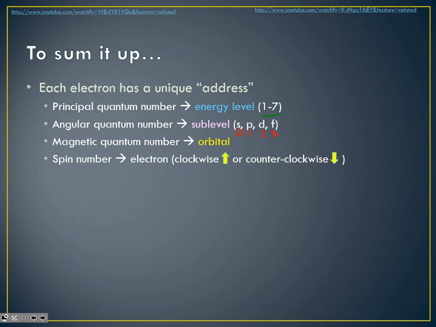The magnetic quantum numbers, remember those ones: S's are 0, P's go from -1 to 1, D's go from -2 to 2, and F's go from -3 to 3. And then the spin is super easy because clockwise is +1/2, arrow going up, and counterclockwise, arrow going down, is -1/2. So let's go ahead and practice and do some quantum numbers problems like shown here in the next slide.